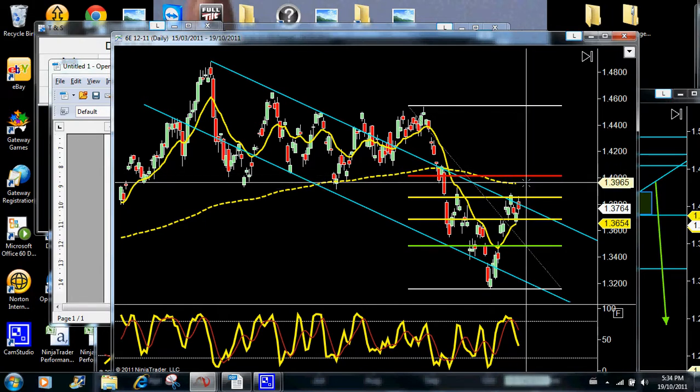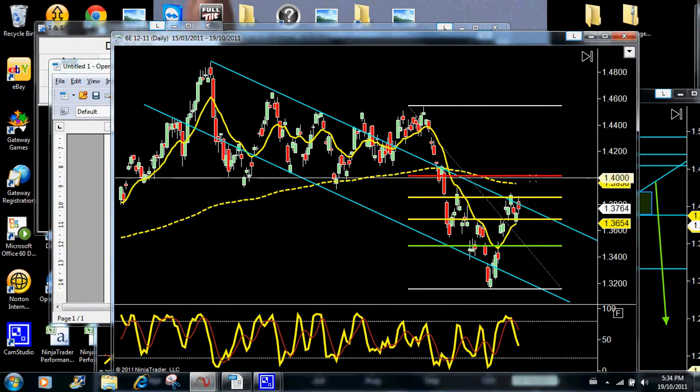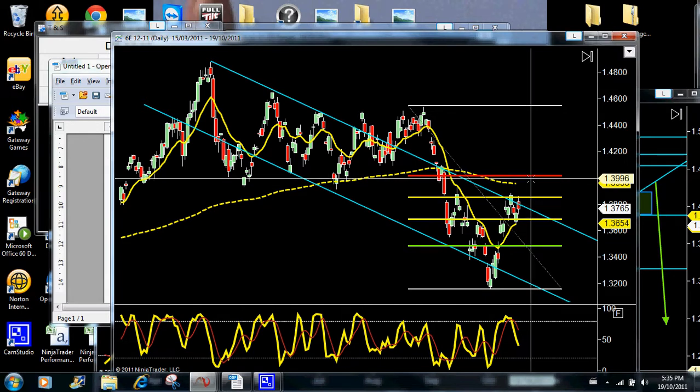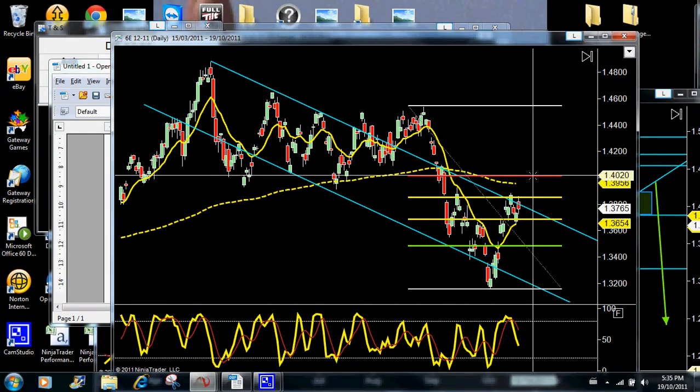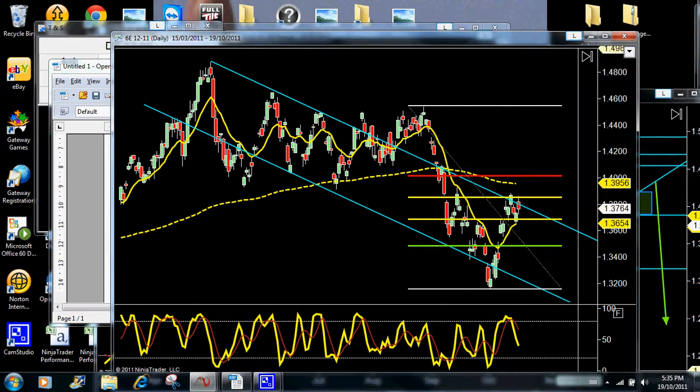But me personally, I'd rather wait until we get closer to the red line and then place a very tight stop up here. Maybe if we could get short around the high 3900s, place a stop at the low 1.400s in the euro dollar. That's on a daily level.